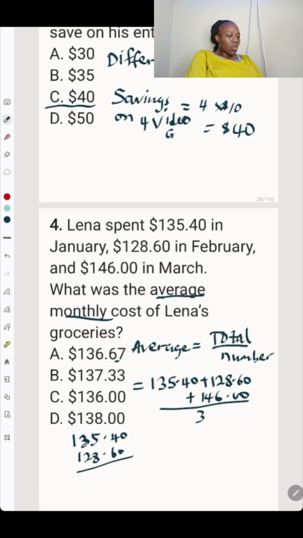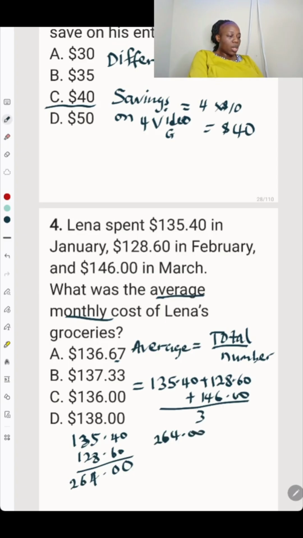Let's add those two, then we later add the other one. 4 plus 6, 10, that will be 0, keep 1. 3 plus 2, 5 plus 1, 6. 1 plus 1, that will be 2. Yeah. So that's 264.